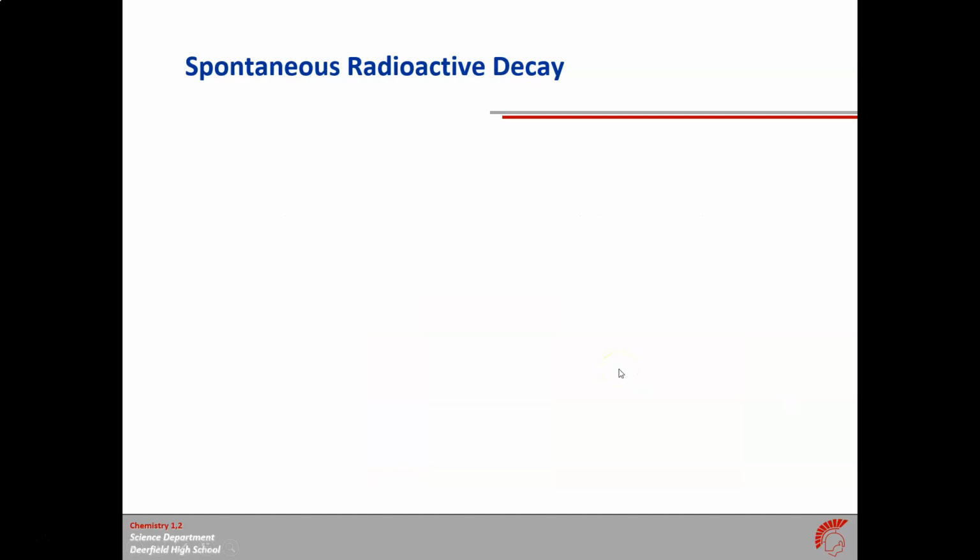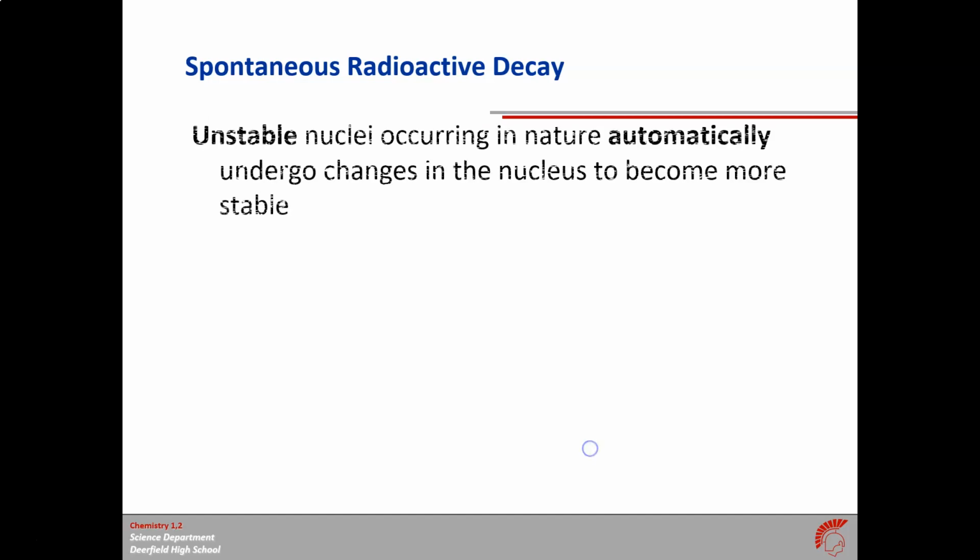So what we're going to look at for the rest of the unit is something called spontaneous radioactive decay, because that's what radioactive isotopes undergo. If an element has a nucleus that is unstable, in order to get stable, it's going to undergo a spontaneous radioactive decay. And so here's the idea.